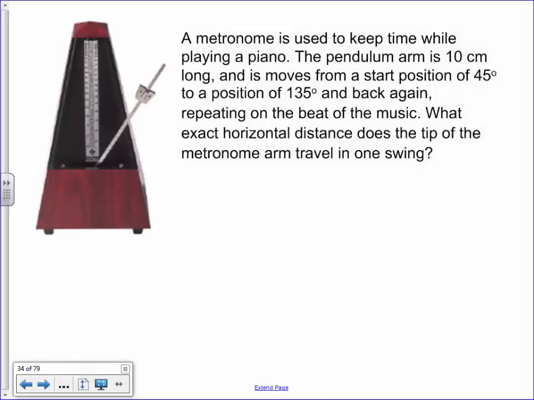So, anybody know what a metronome is, or how they get used? It basically clicks back and forth side to side. Okay. So what I'm going to tell you here is the pendulum arm itself, right here, is 10 centimeters. And it's going to tick back and forth from 45 degrees to 135.